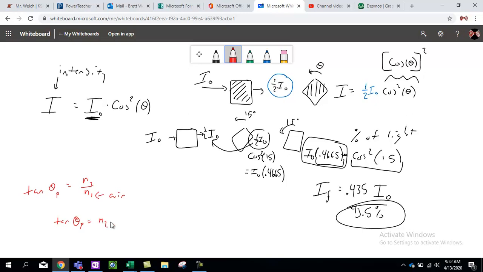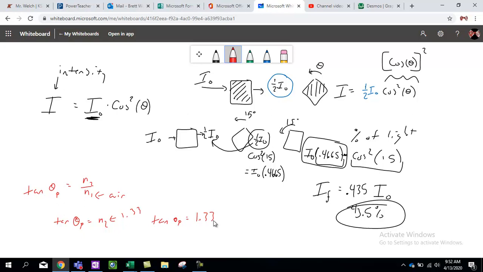Now, if we think about being on a lake, where there's pretty calm water, we're going to let n2 equal 1.33. So tangent theta p will equal 1.33.